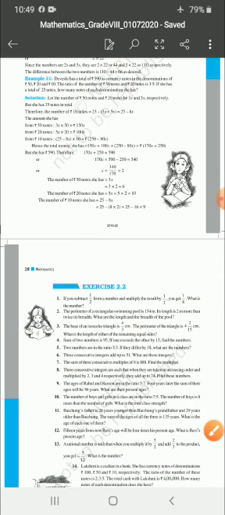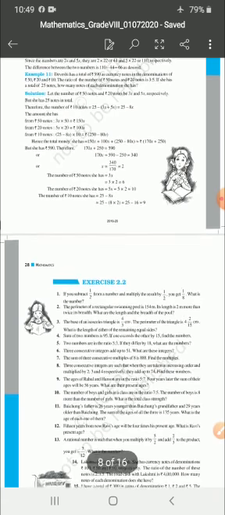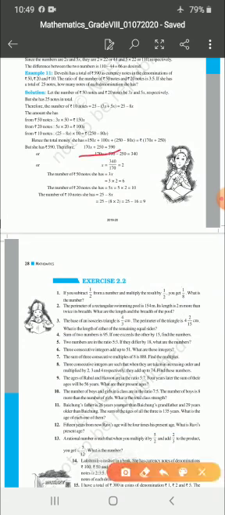We summed up everything and got 170 plus 250, and that we equated to 590 here. Now when you solve it, you will get the x value. When you substitute this x value, you are going to get the number of notes in each denomination.